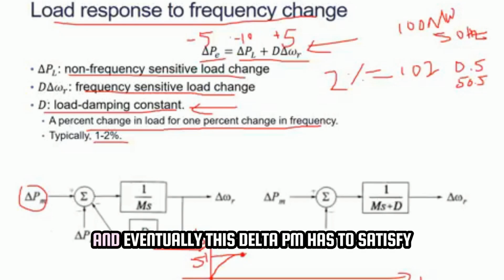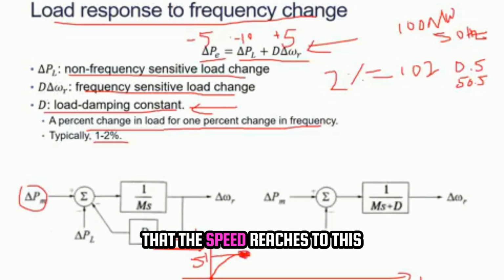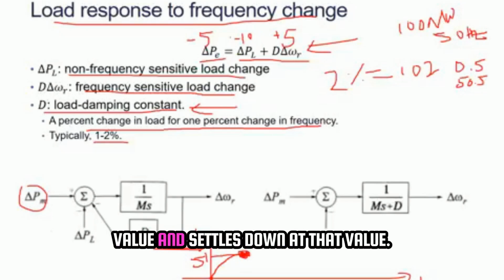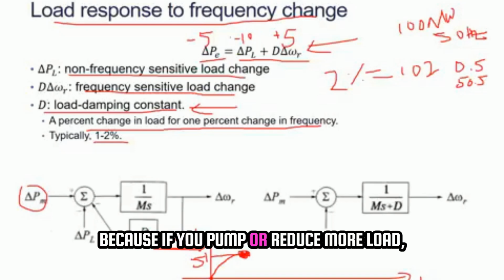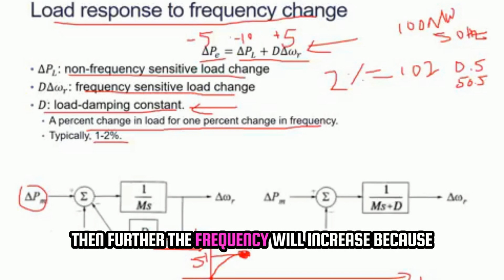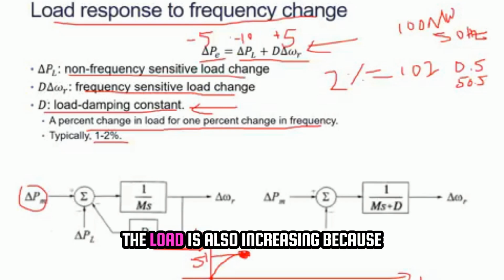Eventually this delta PM has to satisfy that the speed reaches this value and settles down at that value. It does not go on increasing further, because if you reduce more load, then the frequency will further increase, because the load is also increasing because of the increase in the frequency.